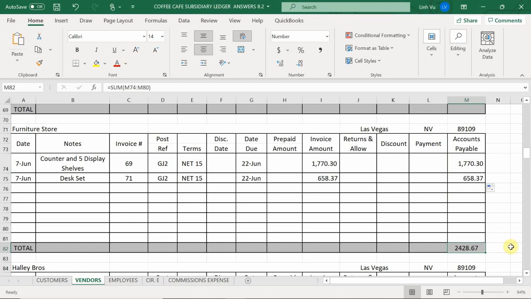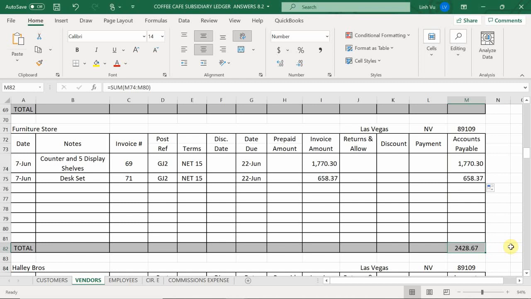This is because you're doing it in Excel. If you're doing it manually, you're not supposed to totalize anything until the end, when you close. In this case, this is just my vendors, how much I owe them.